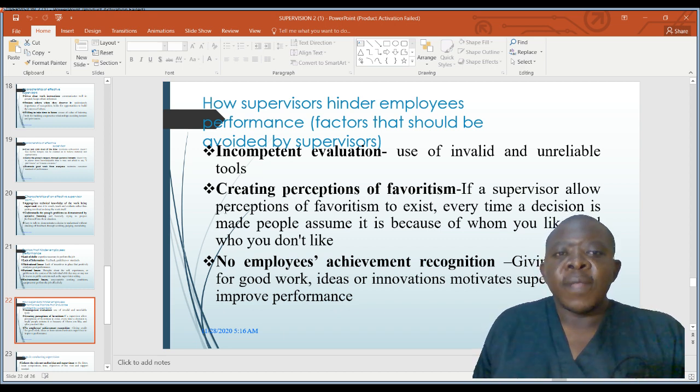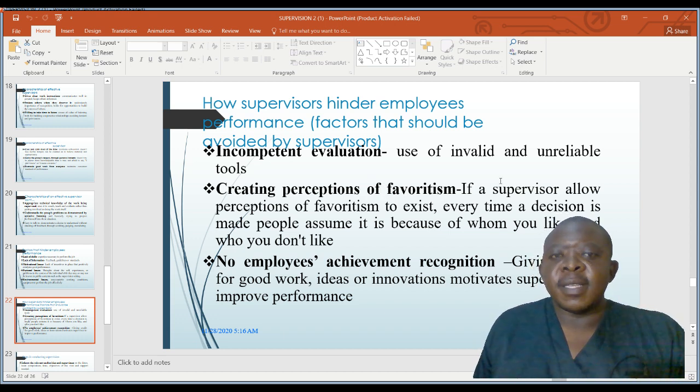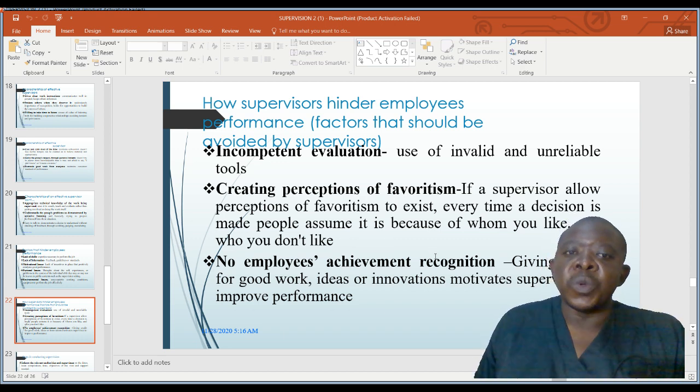Then the other one is creating perceptions of favoritism. If a supervisor allows perception of favoritism to exist every time a decision is made, people assume it is because of whom you like and who you don't like.